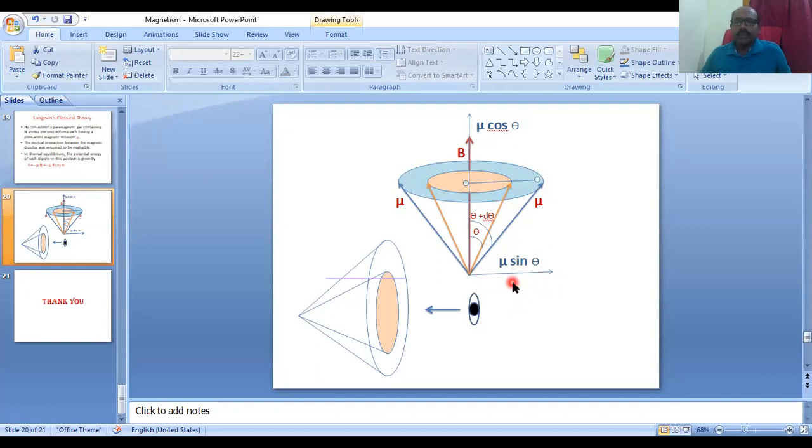So here it is mu cos theta along the field direction, and mu sin theta in the perpendicular direction. Similarly, if we resolve the components of this other magnetic moment, we get one perpendicular component here, so they cancel each other.